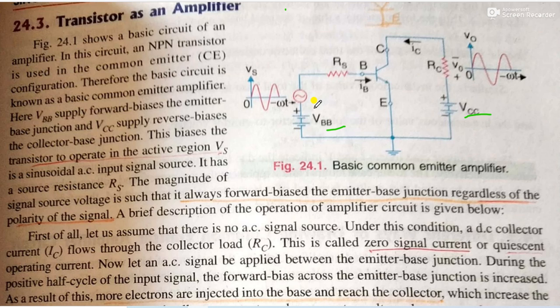Basically, the active device converts the energy from the DC source into energy at the output of the amplifier, and this is proportional to the input signal. The AC input signal merely supplies a means of controlling the DC biases.